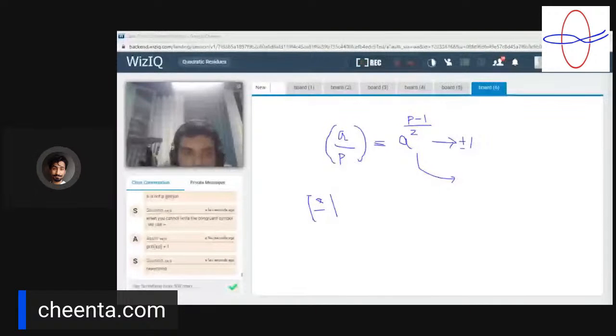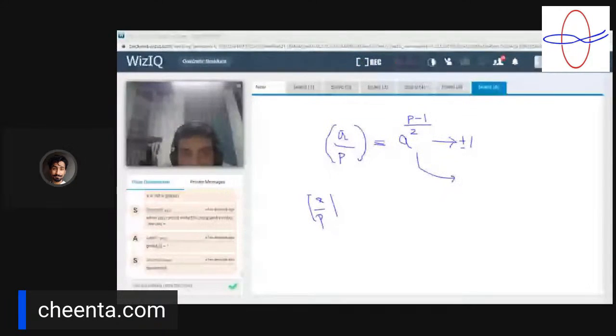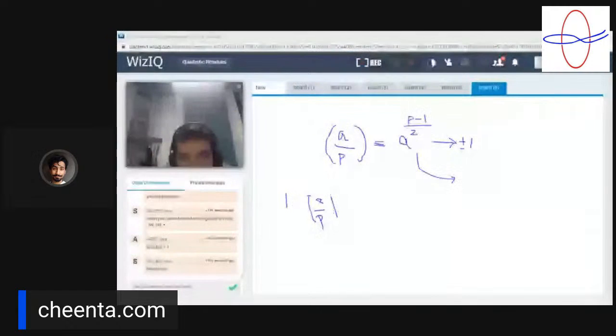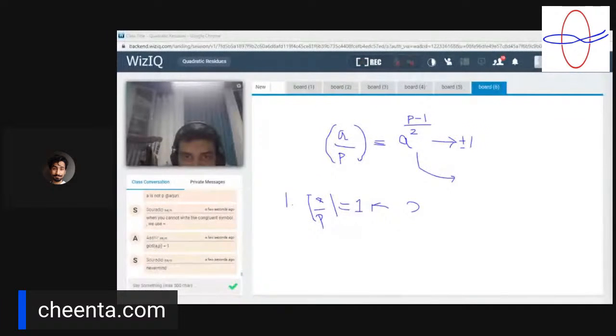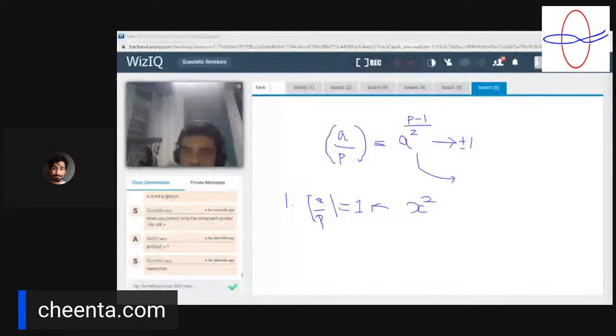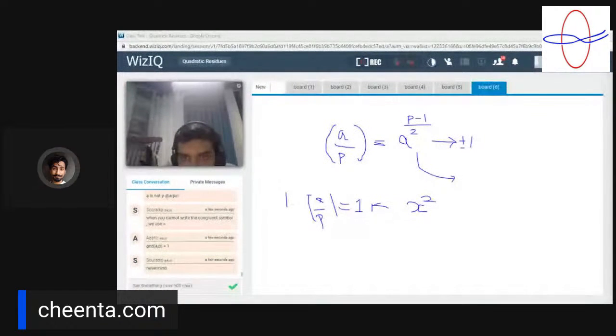So coming back to this, you have case 1 where (a/b) is equal to 1. This means that there exists some x for which, as we proved, there will exist exactly two different values less than p for which x square is congruent to a mod p.